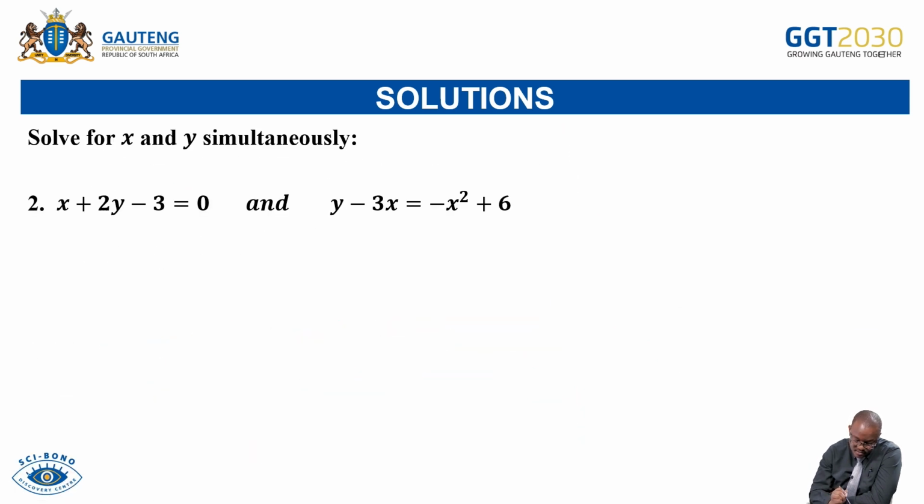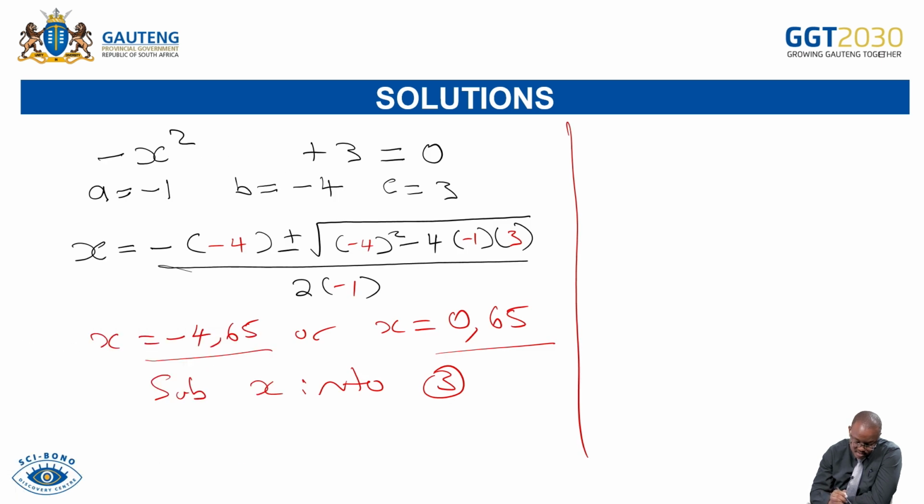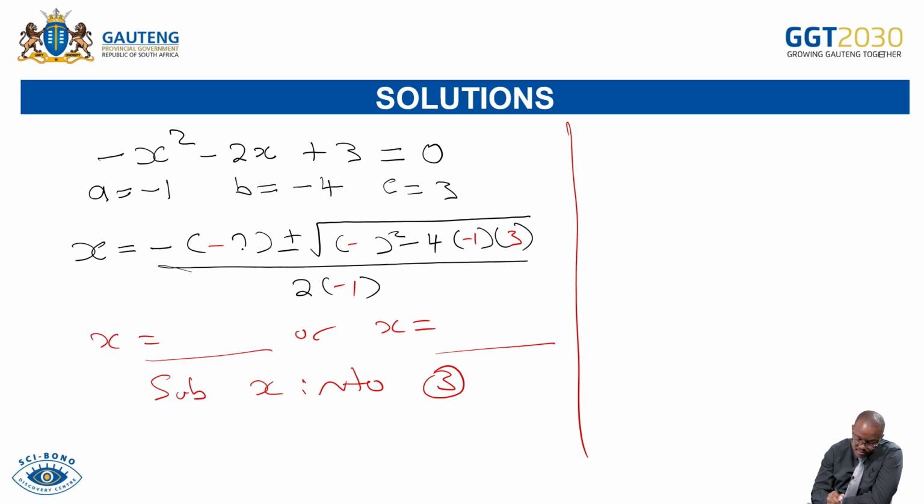Then there we erase it, and it's supposed to be -2x. Let's fix it quickly. -2x. Then also -2x. So -2 and -2. So let's now check with -2.